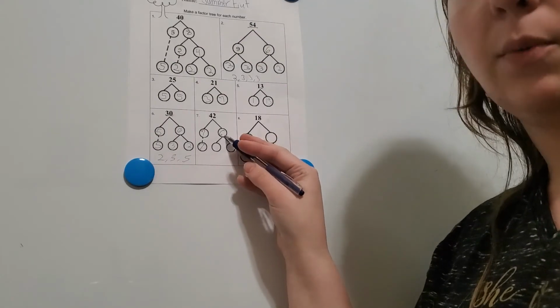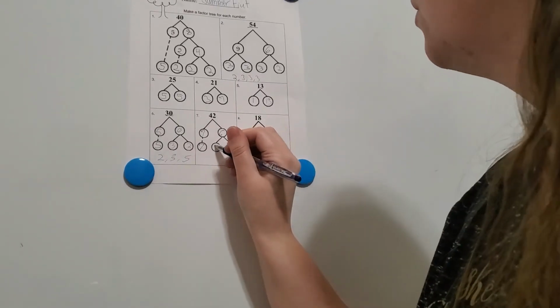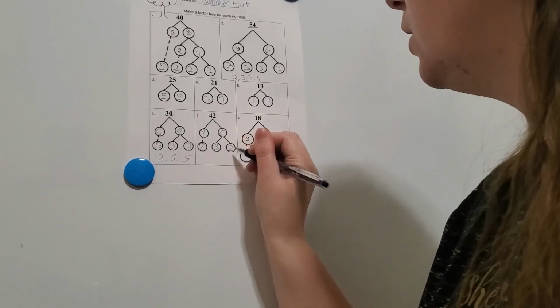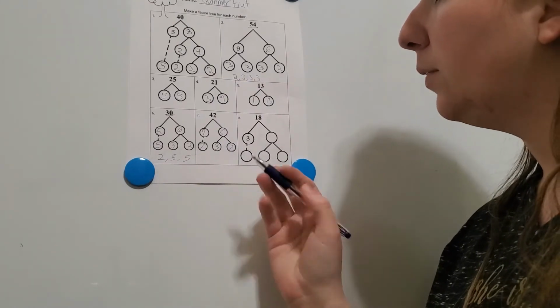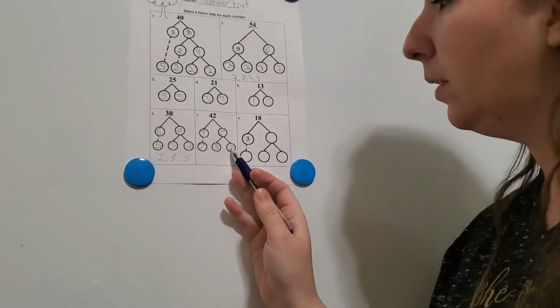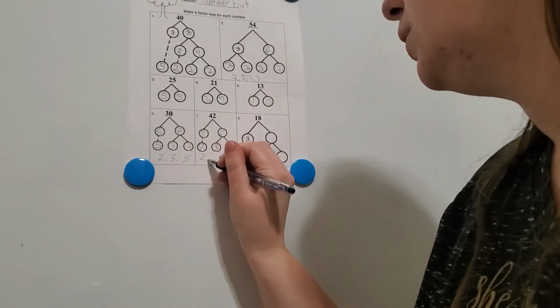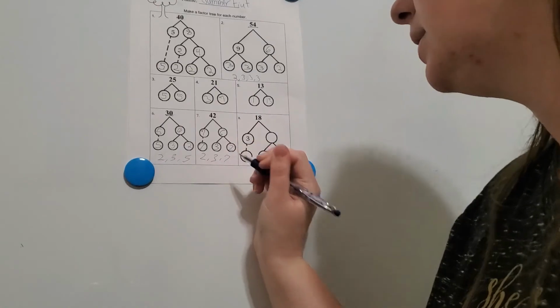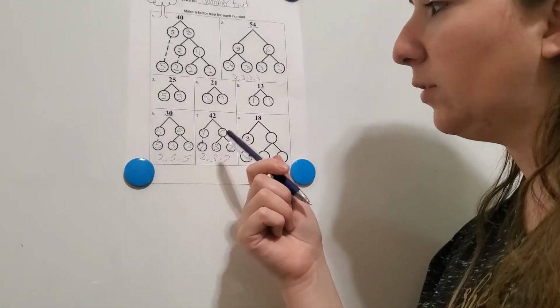It is composite. We can still find factors for that number 6. 3 and 2 are factors of 6, and they are now prime. These are prime numbers, so we leave them be. 2, 3, and 7 are our answers to this prime factorization tree.